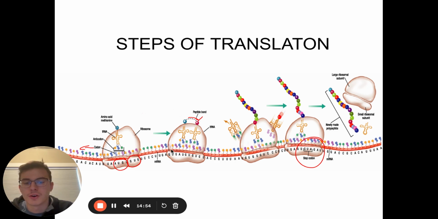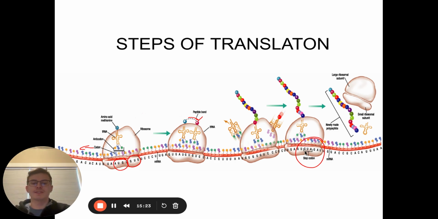And so as we go along this line, you can see they keep getting transferred over, and we keep building an ever-growing amino acid chain. Once we hit the stop, right here, once the stop has been reached, everything breaks apart. We're going to keep having tRNAs attaching and releasing the amino acids, continue making this chain.